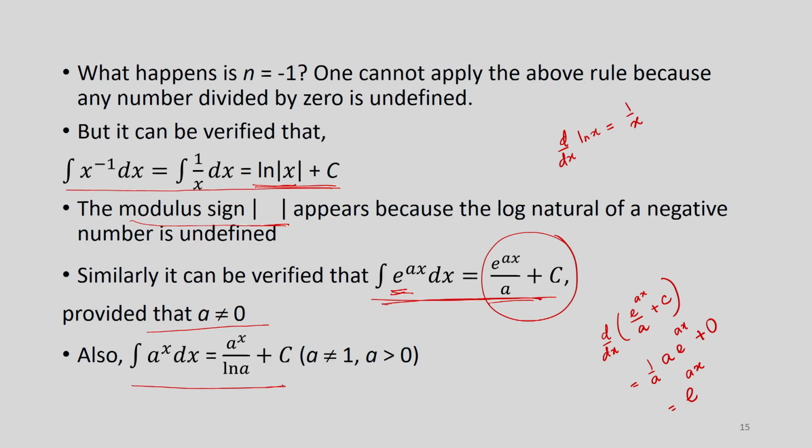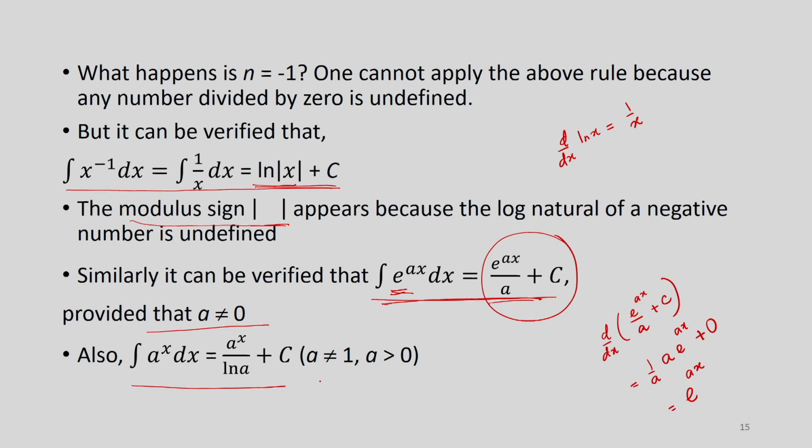If a is equal to 1, then log of 1 as we know is 0. Again, there is a problem on the right hand side. So, a cannot be equal to 1 and a cannot be equal to 0 or negative either, because in either case you have either minus infinity or it is undefined.